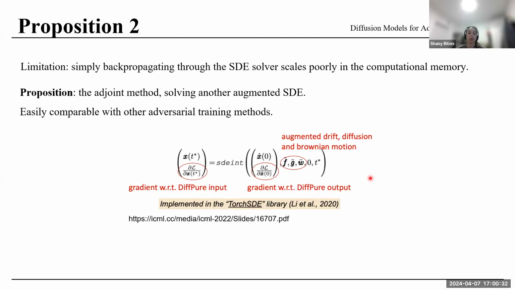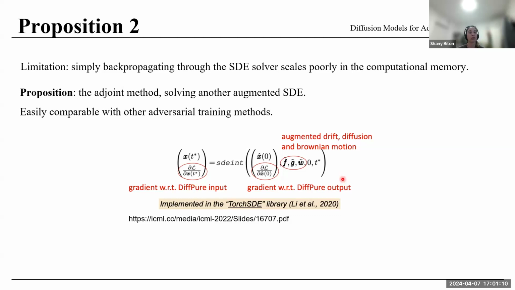In general, what they are trying to do here is transform the reverse-time SDE into a forward SDE with some parameterization. So they are computing the solver with augmented drift, diffusion, and Brownian motion. The reason they use this adjoint method and not estimating the SDE is because purification methods have some randomness in them, which is bad for adversarial attacks to train on.